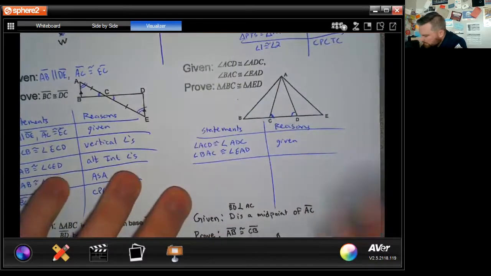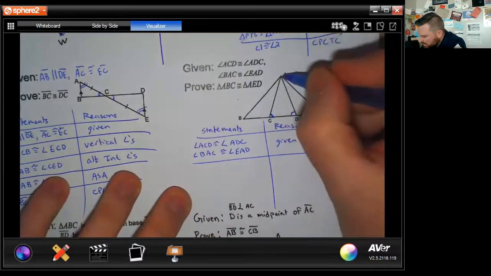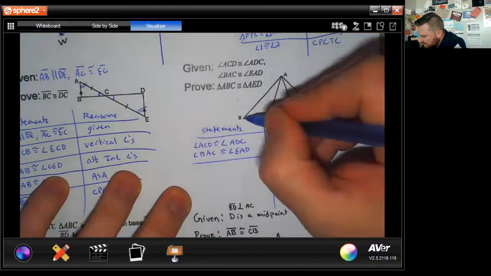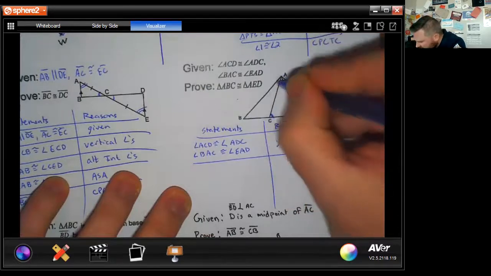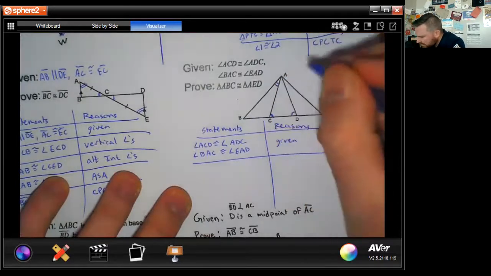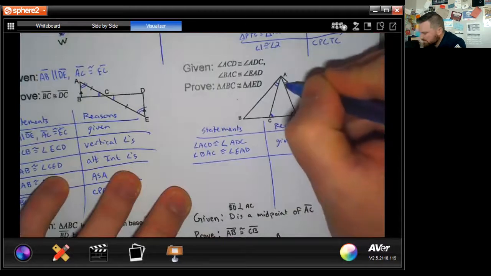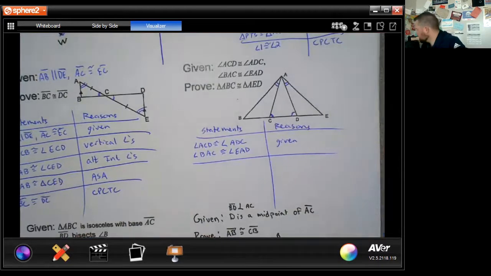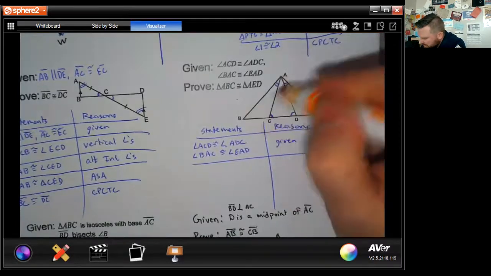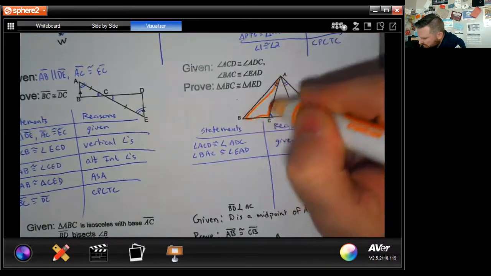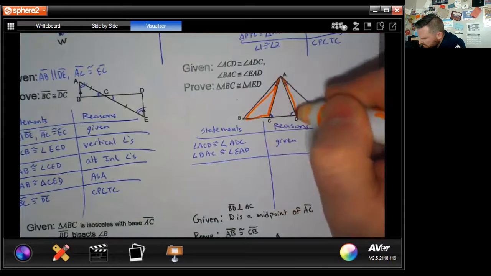So angle BAC, so this angle, and angle EAD, this angle are the same. And I'm trying to prove, I like to sometimes go with a different color to look at what I'm proving. ABC, so this triangle congruent to AED, this triangle.